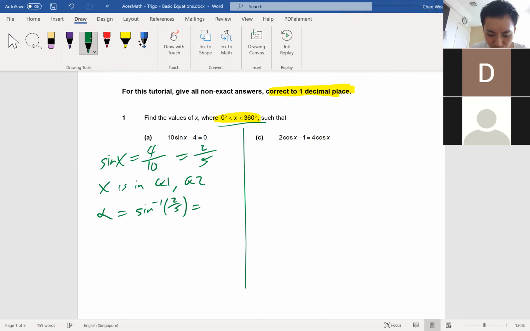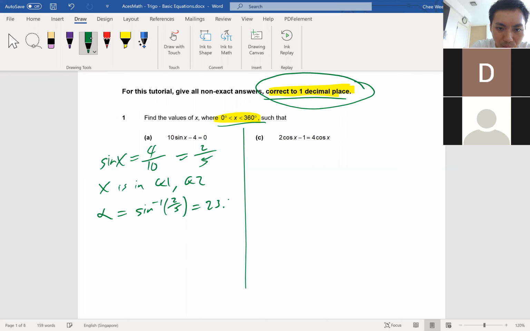Okay, so for the sake of going through this, the final answer needs to be 1 dp, right? So in the interim working, you need to write 3 dp plus 2. It's always the level of accuracy demanded on the final answer, plus 2. So this one should be 23.578 degrees.